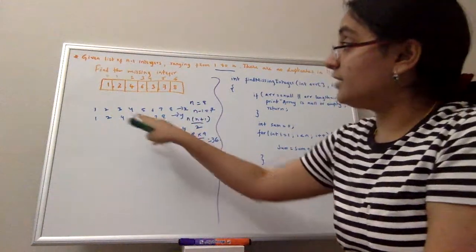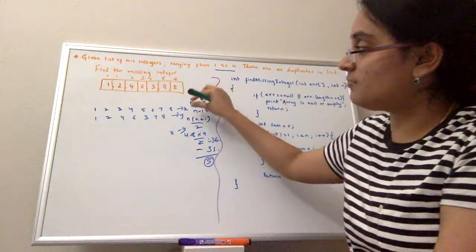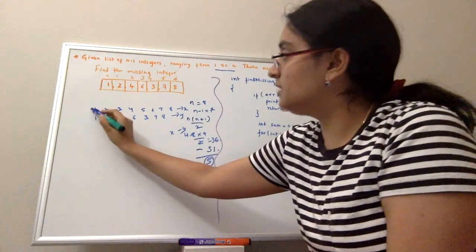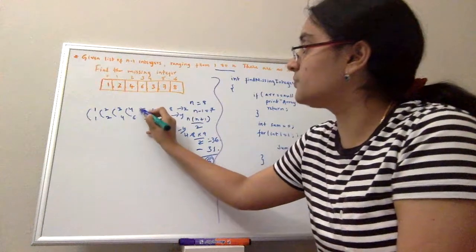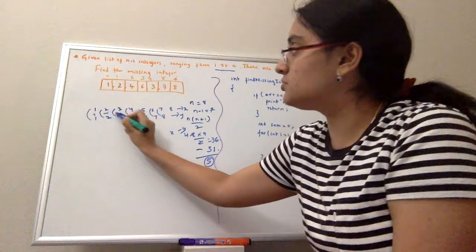So instead of taking the sum of the entire array, I'll subtract these pairs of numbers, and add the results of these.